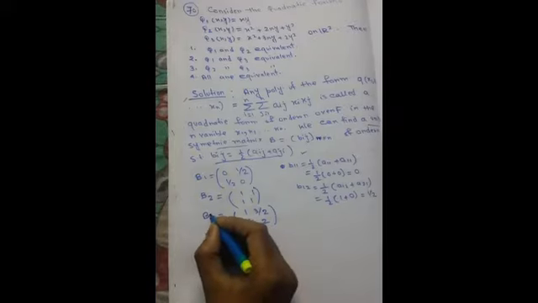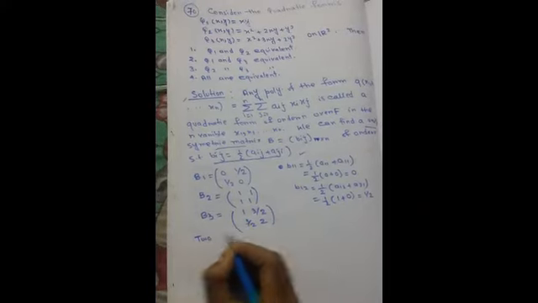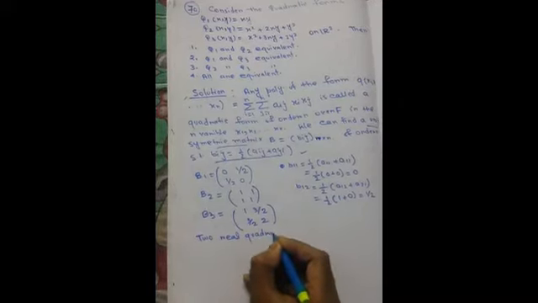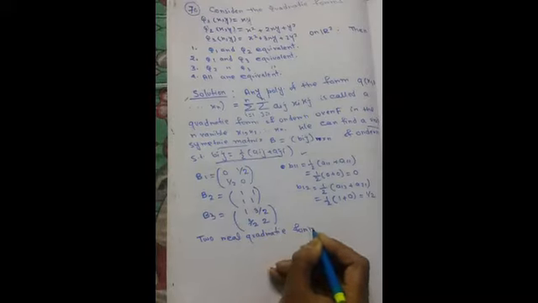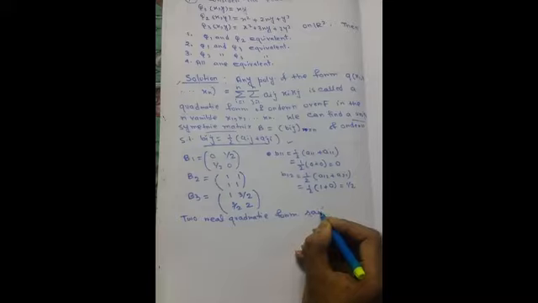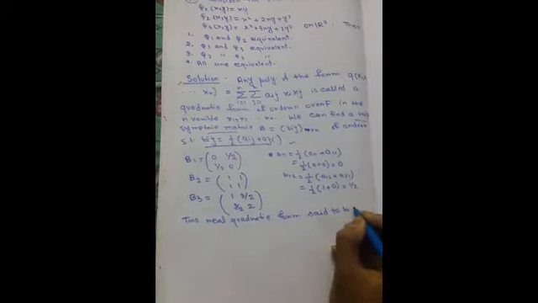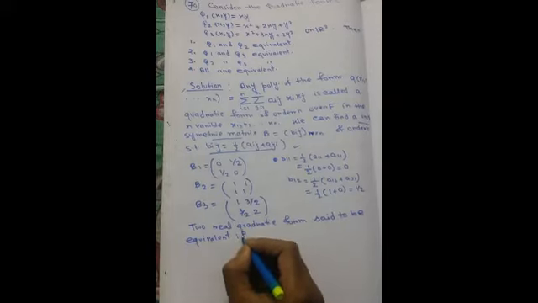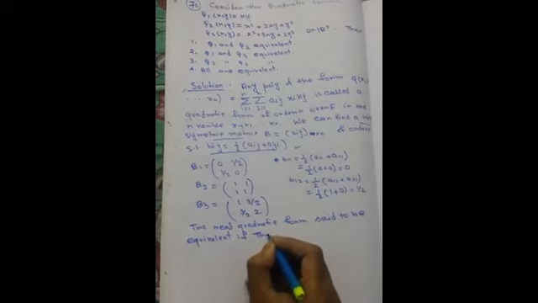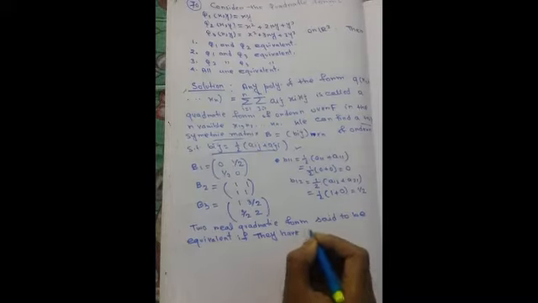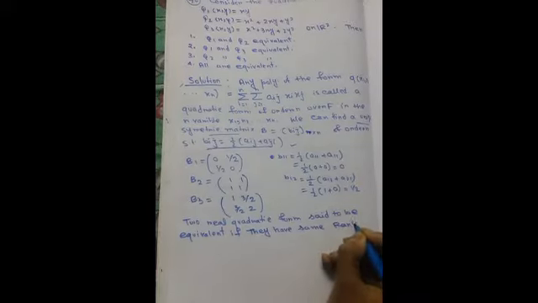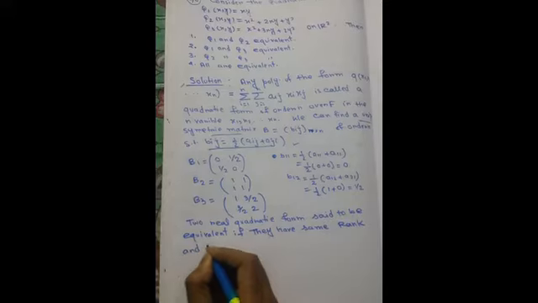Now, two real quadratic forms are said to be equivalent if they have the same rank and same signature.